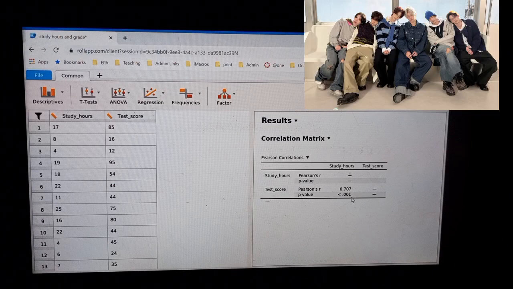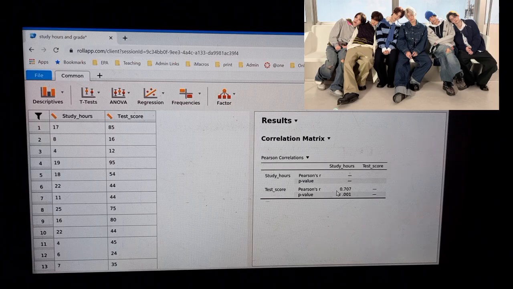In our lecture we learned about calculating Pearson's r, and this is our Pearson's r calculation. It's 0.707. So this is kind of our statistical calculation here, like when we had a t calculated or F calculated. It would be the same kind of concept. Here we have our Pearson's r calculated, and then we also have the p value for our Pearson's r. Our p value is interpreted the same way here, in that it is a significant relationship.